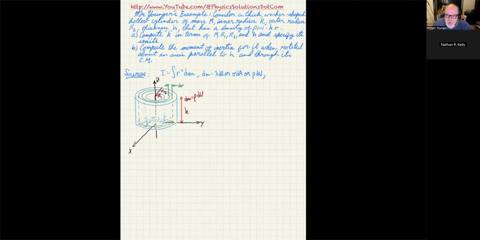Normally in your Calc 2 class, or maybe Calc 1, you would say that 2 pi r dr would be the area of that little green racetrack on top of it. That would normally be what we call it, 2 pi r dr, because the inner radius would give us the r, and therefore the distance around would be 2 pi r.